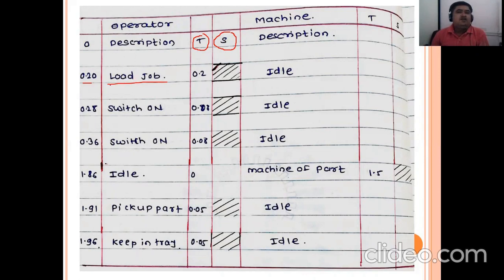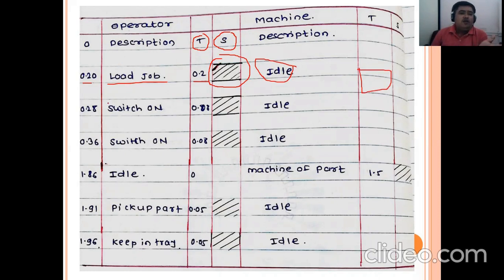So load the job on the machine, 20 seconds. At that time the operator is busy, taking the job, putting it on the machine and checking. But at that time the machine is idle. The machine has not started, so an empty block is there.